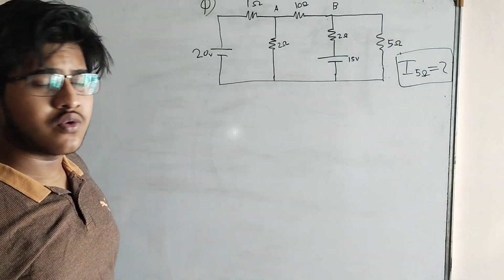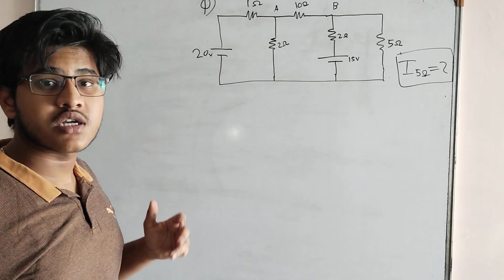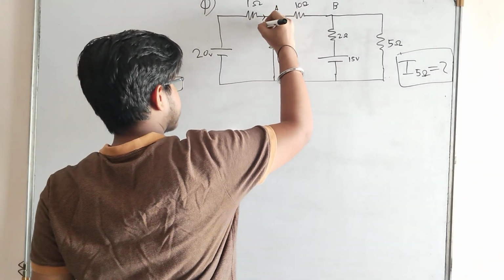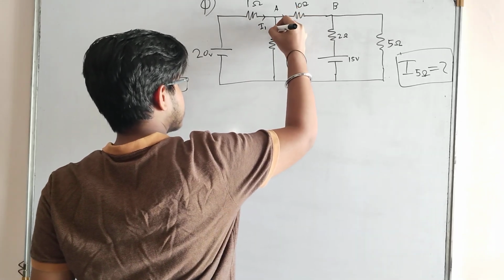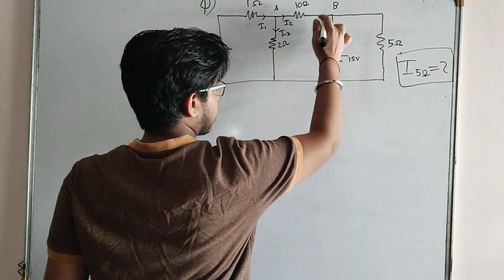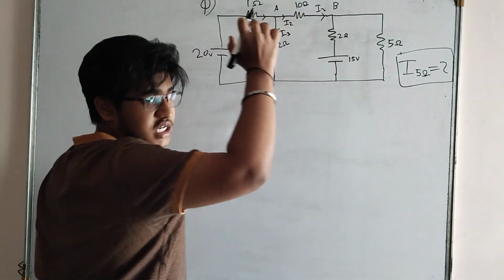Okay, so now we need to apply the KCL law. First we need to consider some branch currents. So here is I1, this is going to be I2, this is my I3. Now I2 is flowing through this branch, so here also it will be I2 only, with the same direction.